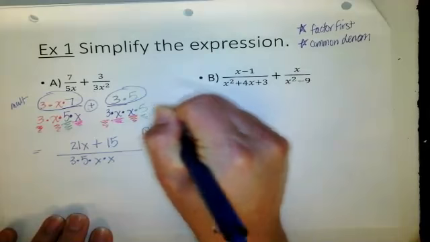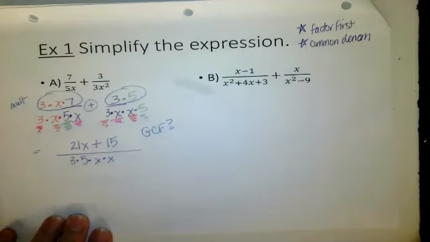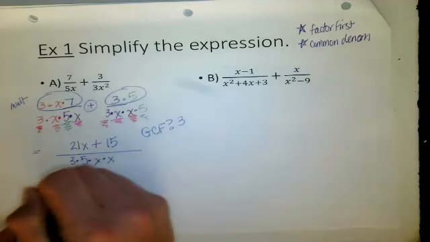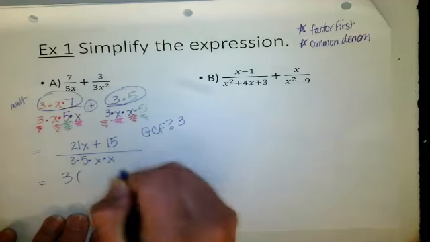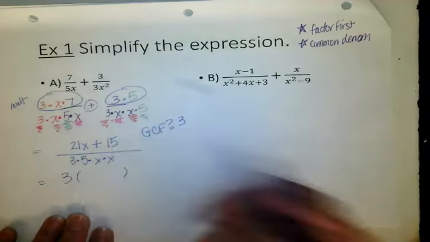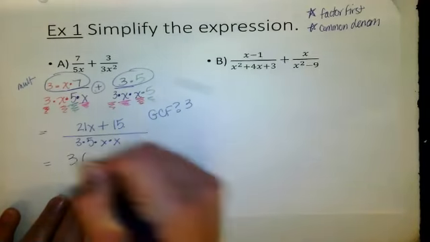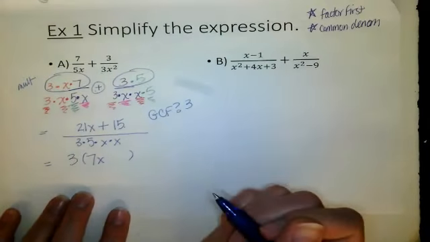Is there a greatest common factor here? 3, yeah, there's a GCF of 3. So I'm going to take out the 3. If I take out the 3, what's left behind? 7x plus 5. All right.